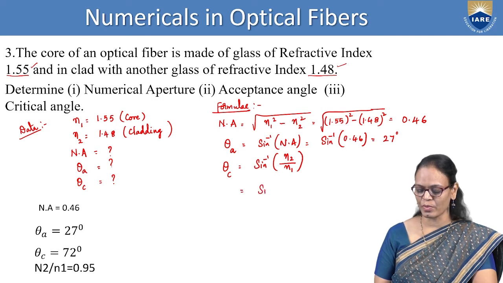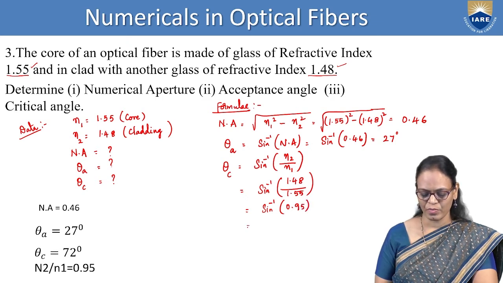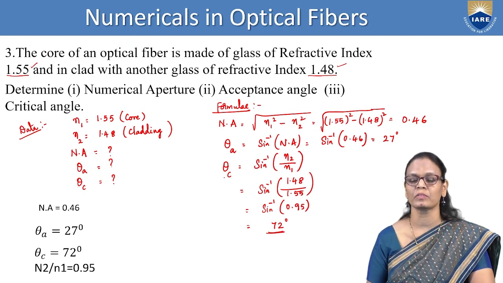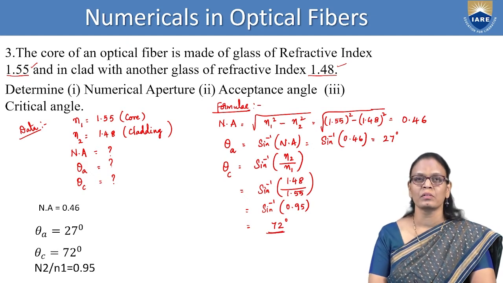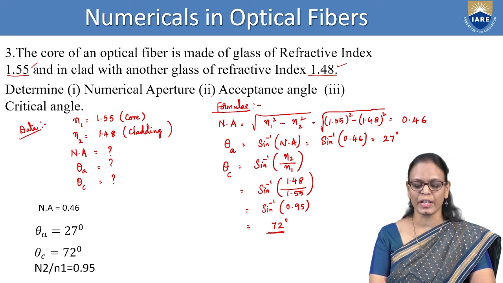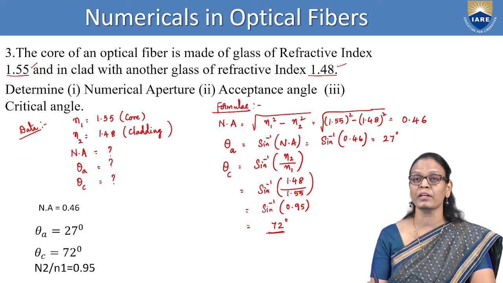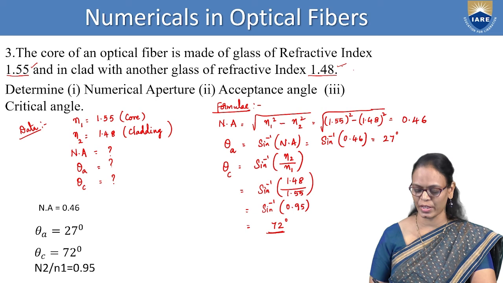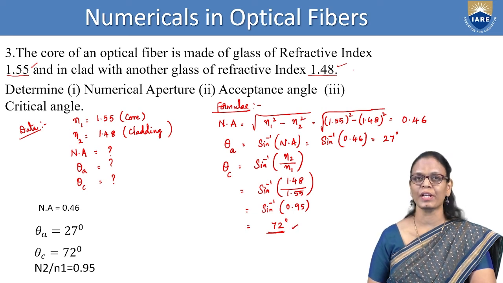So we can substitute the values of N2 and N1, 1.48 upon 1.55. So this is sine inverse of 0.95, which will be equal to 72 degrees. So the critical angle for a core of refractive index 1.55 and the cladding of refractive index 1.48, it is 72 degree.